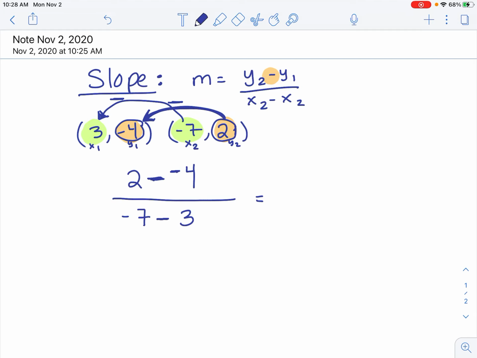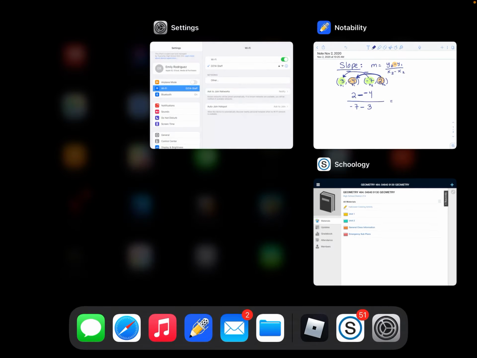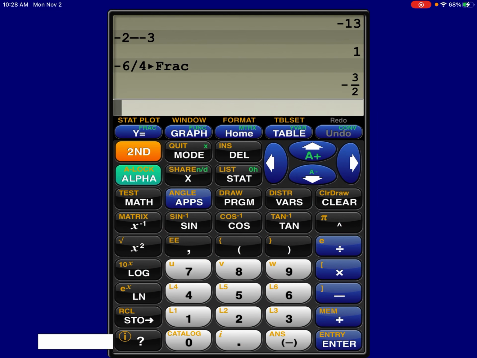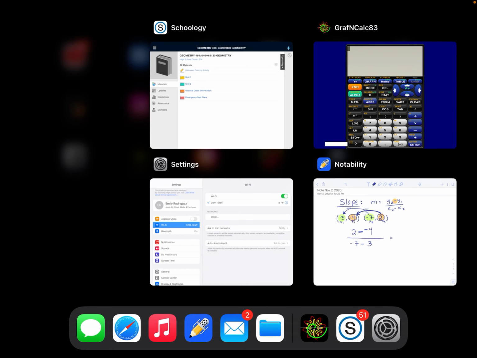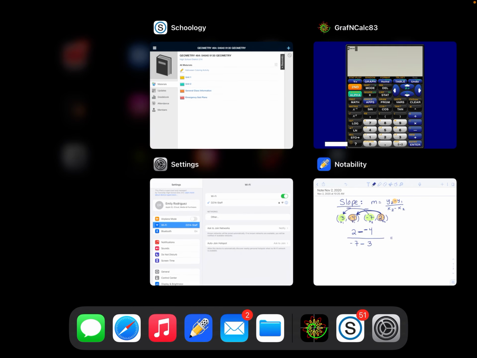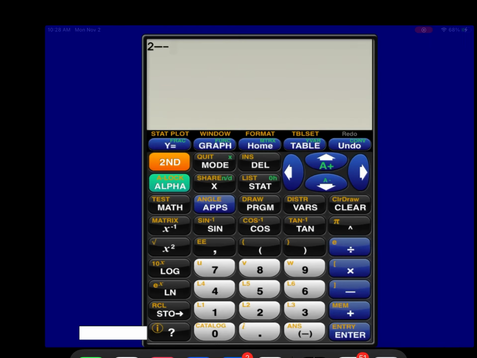Now you want to be really careful. This is minus a negative. So in your calculator, you want to do 2, the big minus, and then the negative is usually in parentheses, or it's a smaller number. So it's minus a -4.